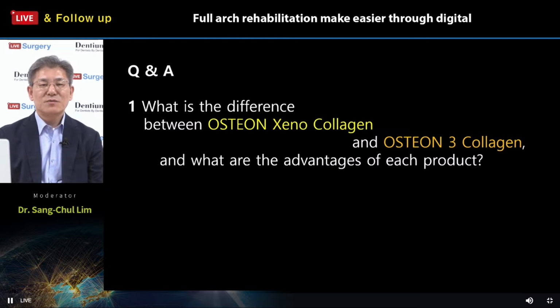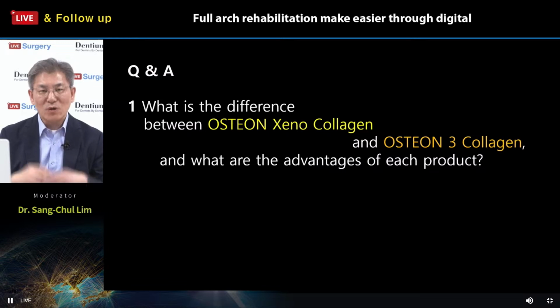The key factor of a successful GBR procedure is the stability and fixation. So these 8% collagen-holding materials give us higher performance of the bone grafting materials on the surgery site, right?